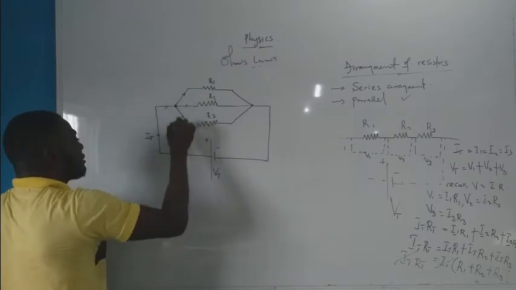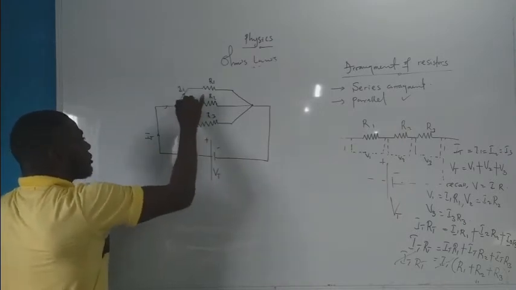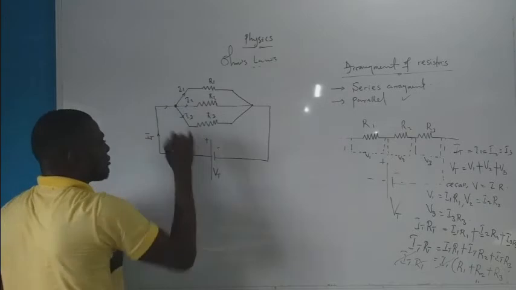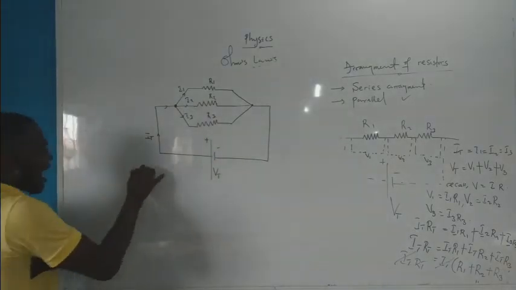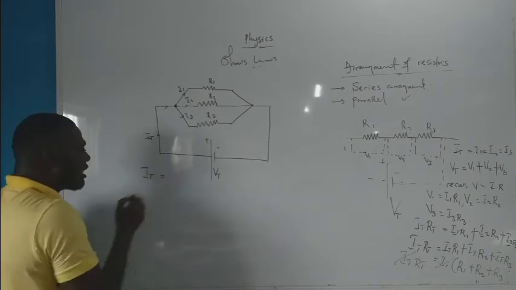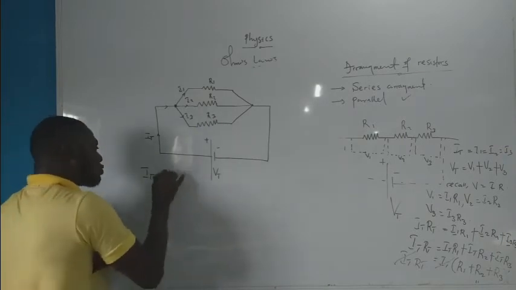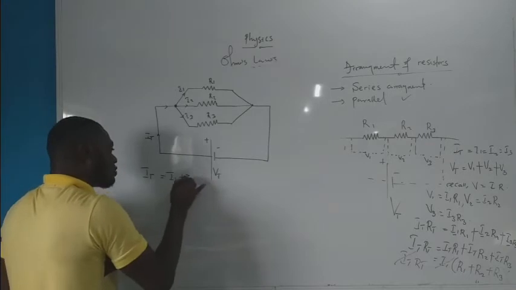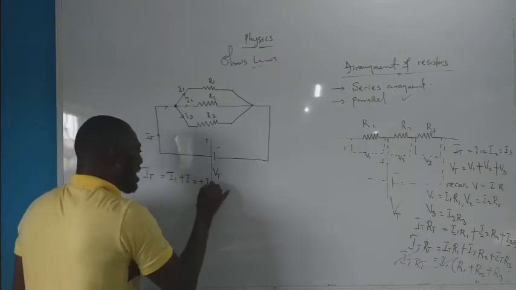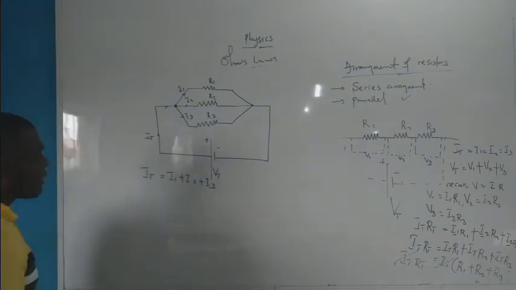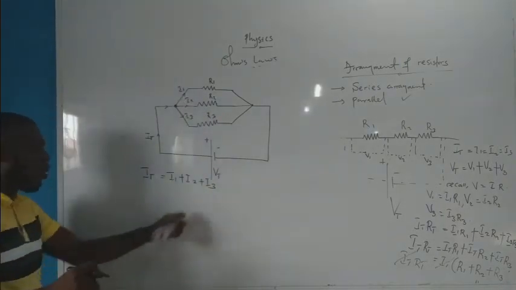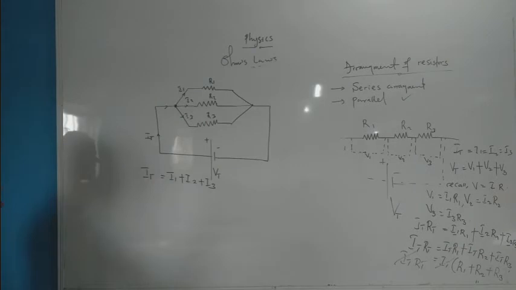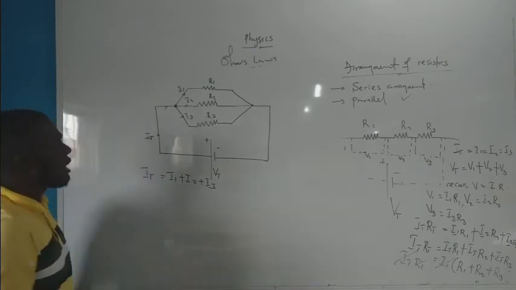So we'll have I1, I2, and I3, such that I total must be equal to I1 plus I2 plus I3. The sum of the currents must be exactly this, not less than this. Are we together?